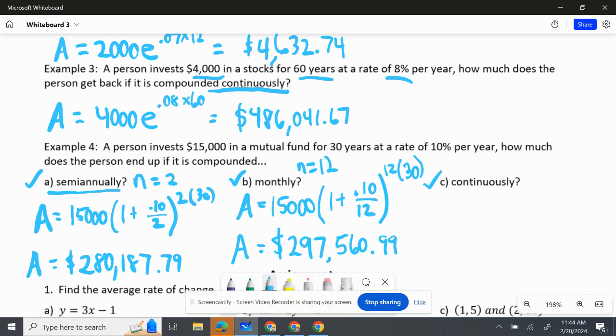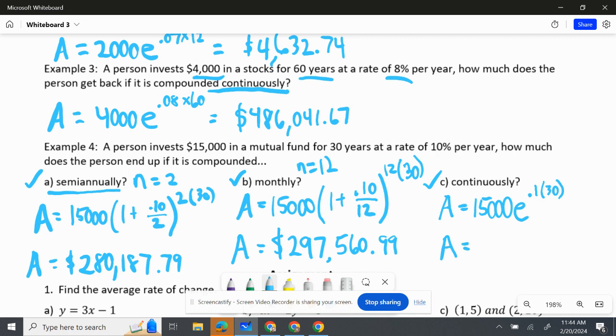Now, if we're looking at letter C, notice that it switches. It says continuously. So that means we switch the formula. So we have A equals, we keep the same 15,000, except it's e, and we're raising it to the 0.1 times 30.